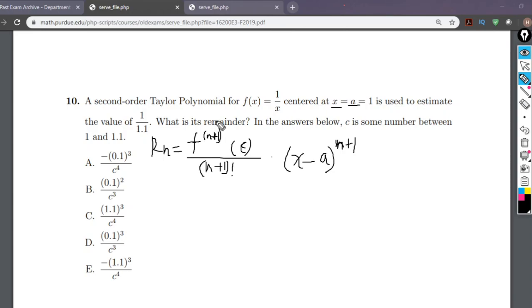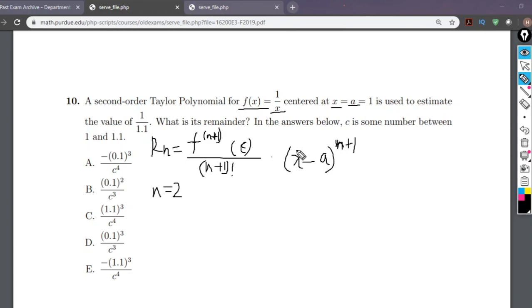We can see that we have the original function here of 1 over x. So we need to take the third derivative, since n is 2 for a second order polynomial. Then the n plus 1 will be the third derivative, and it'll be 3 factorial here.